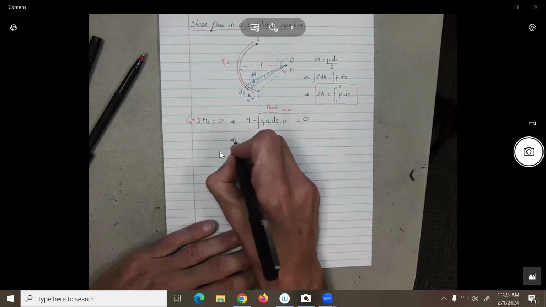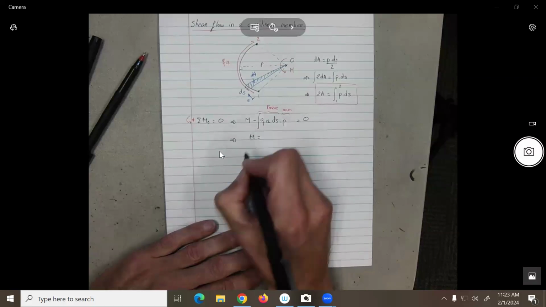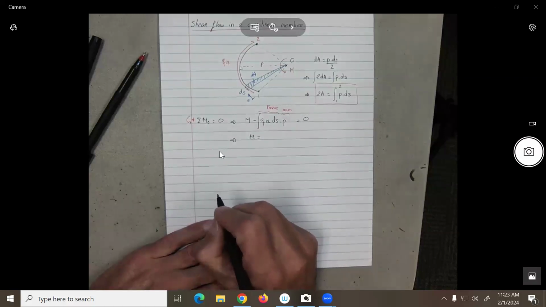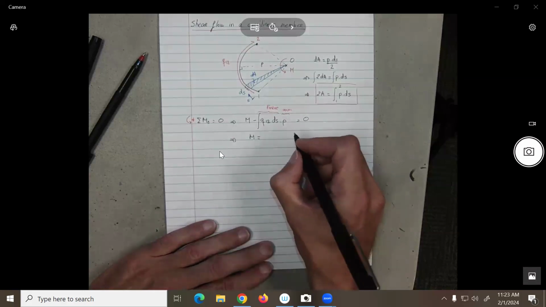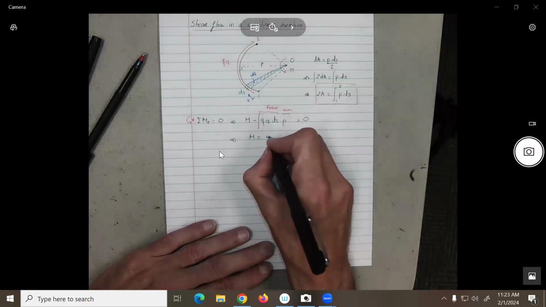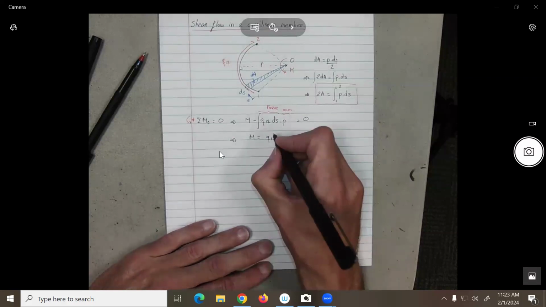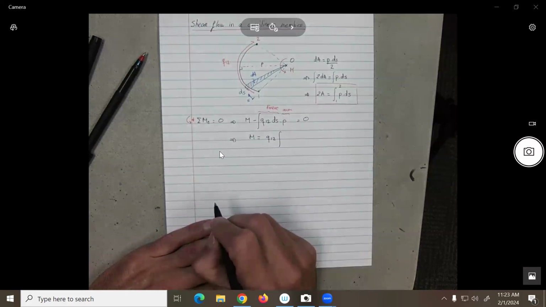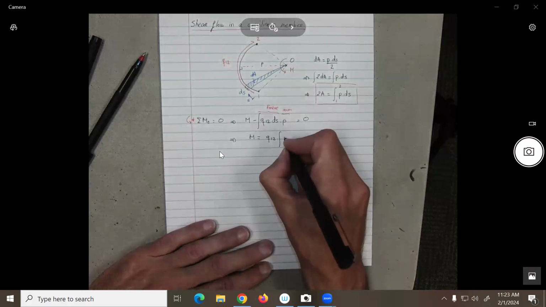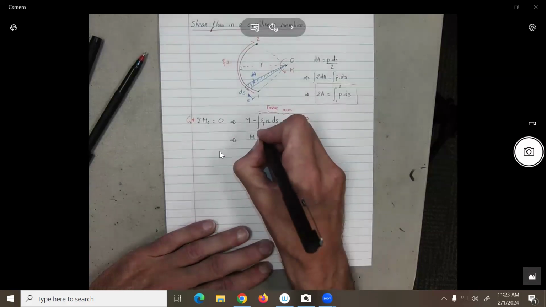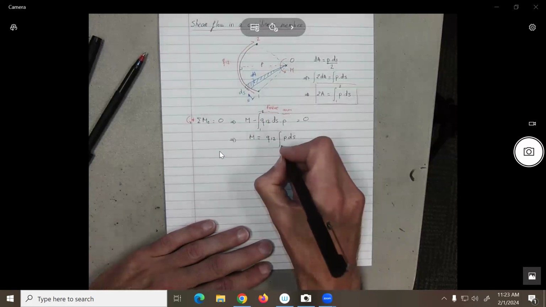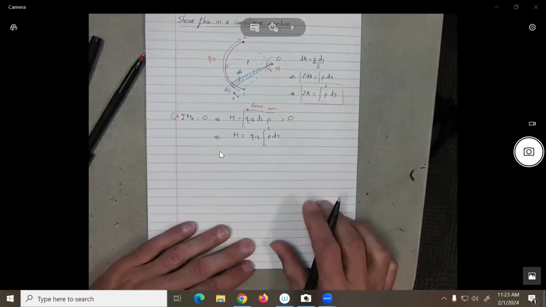So basically, I can write over here that M, I can just write this a bit differently. I can say this will be equal to, let's see, Q12 integral of P ds.